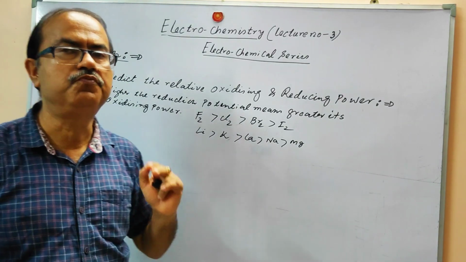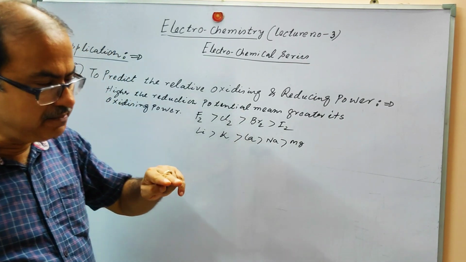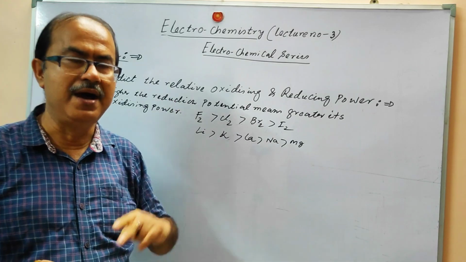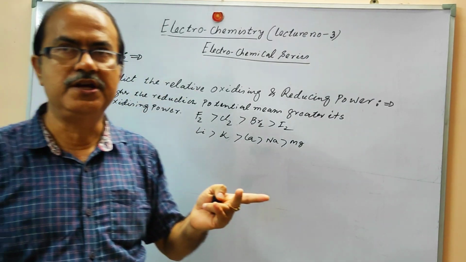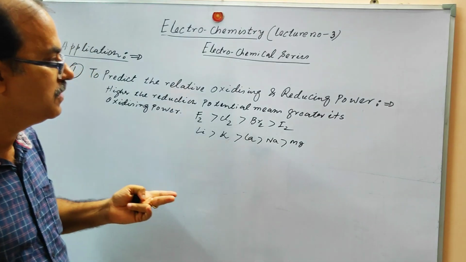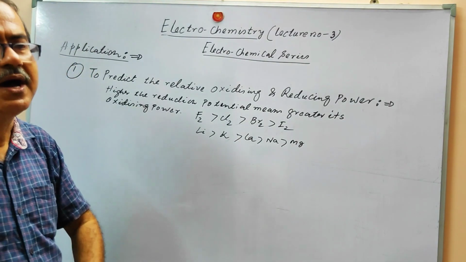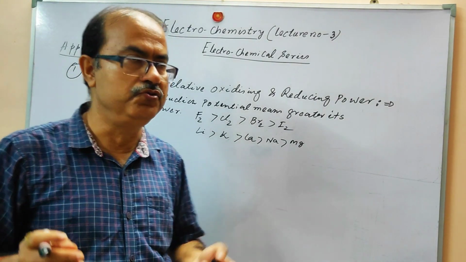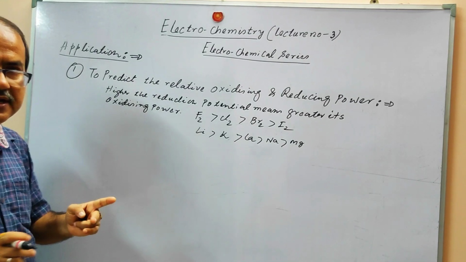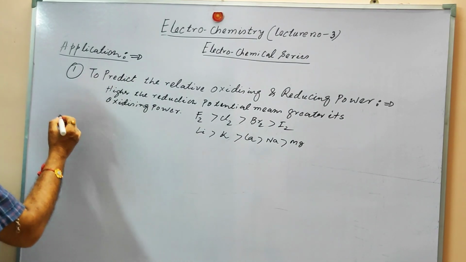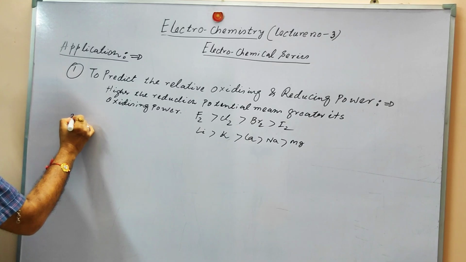Hydrogen has an electrode potential of 0. The elements above hydrogen will have higher oxidizing power, and elements below hydrogen will have higher reducing power. So this is a very important thing that we can predict from the electrochemical series.